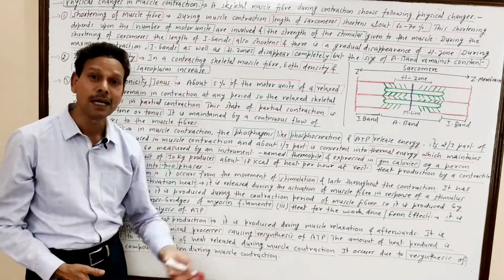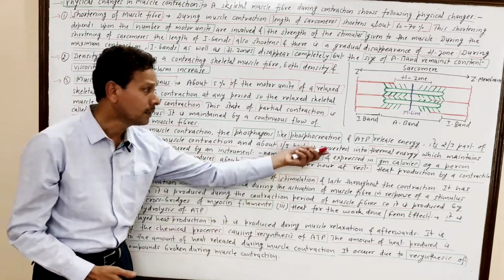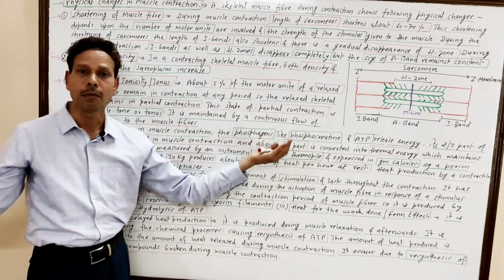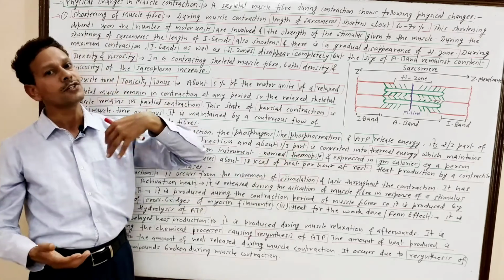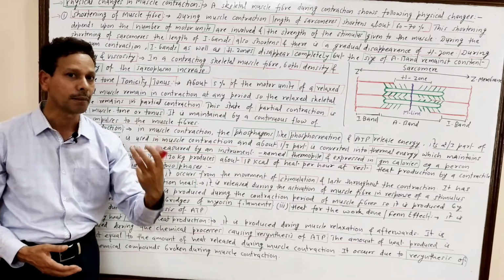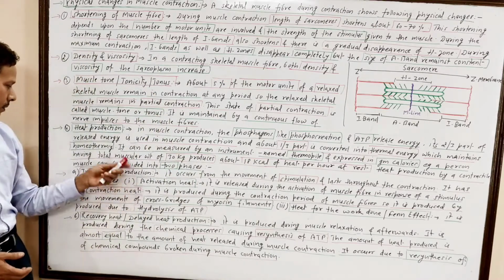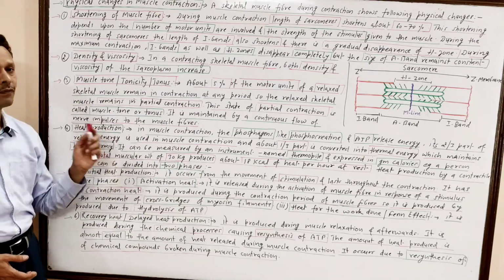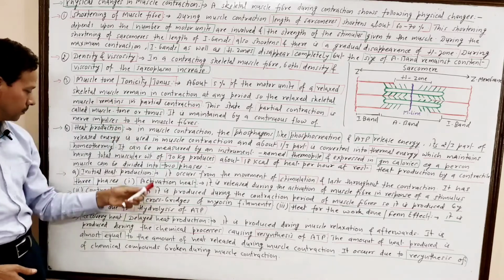Dear students, that thermal energy maintains our body temperature, which is essential for homeothermy, to keep the body's temperature constant. And this heat production is further divided into two phases.